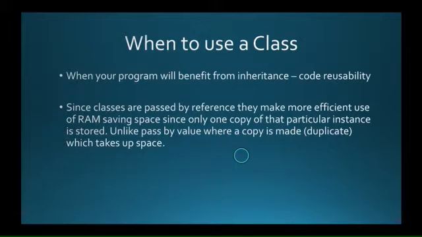Unlike pass by value, where a duplicate is made, which takes up more space. So classes are preferred if you're only going to have one copy of an object and you want to share that copy. You don't make copies of it. You just pass a reference, or a pointer, or an address to that object that's stored on the heap.